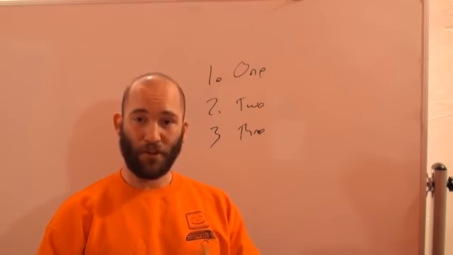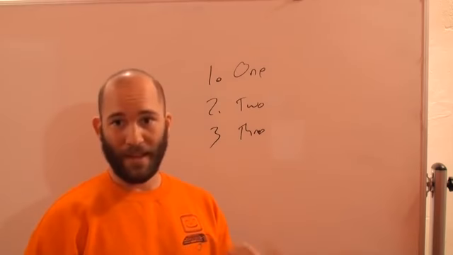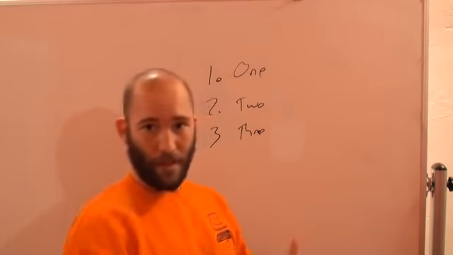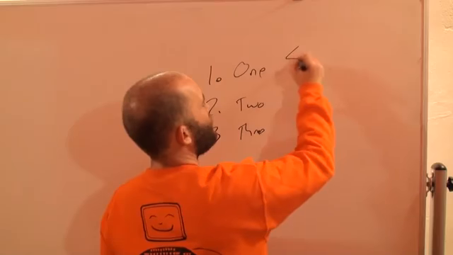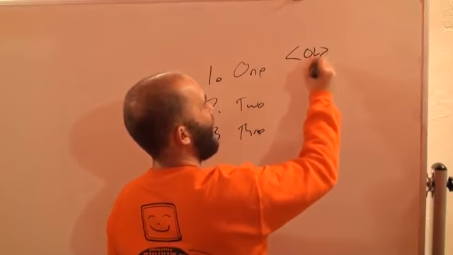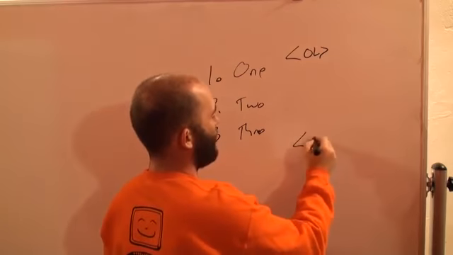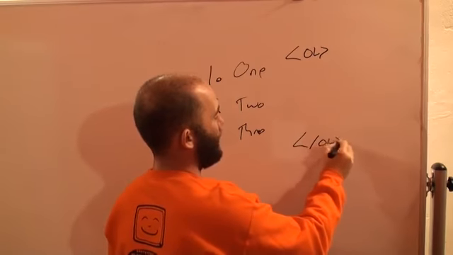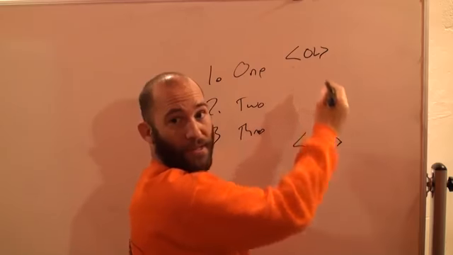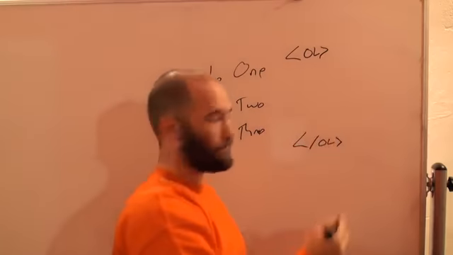So you have to create the concept of a list within the HTML program. You do an OL tag, which means ordered list, and then down at the bottom, you close the ordered list tag. So this is the beginning of the ordered list, and this is the end of the ordered list.